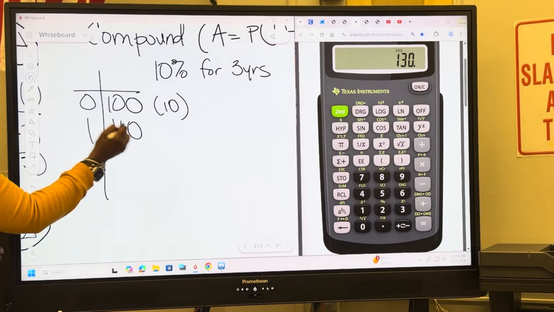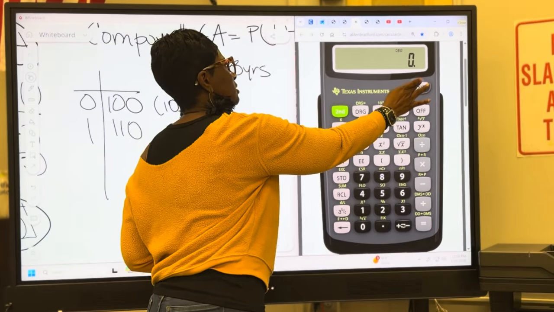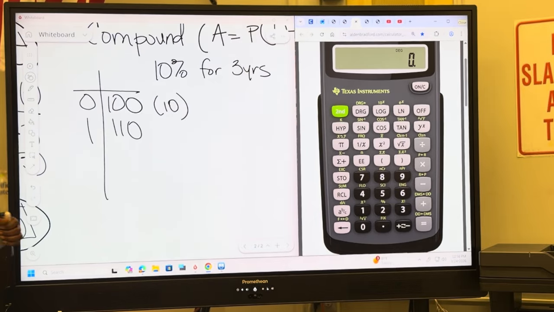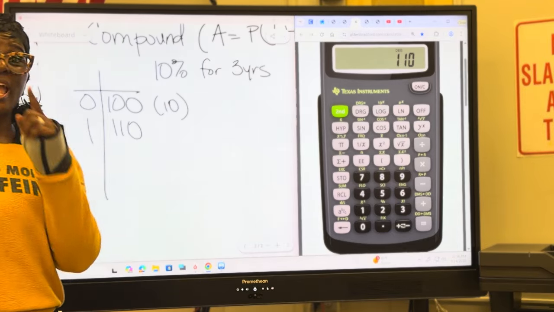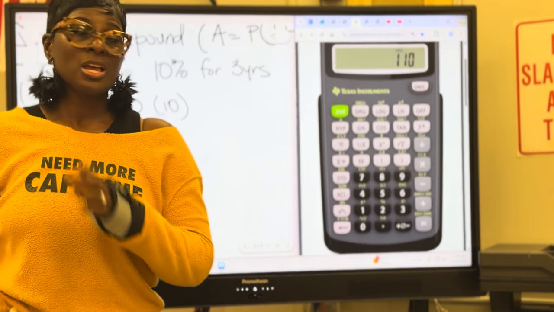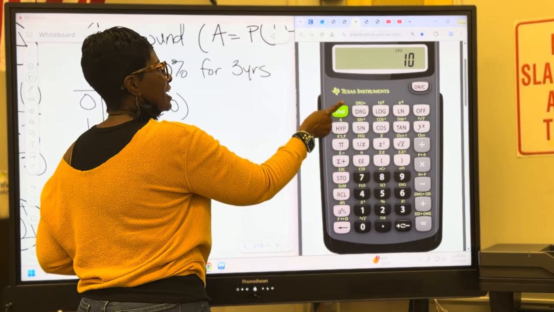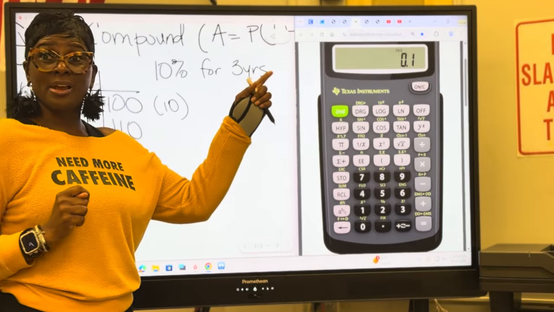So I'm here now. I'm at the end of year one. Grab your calculators. What are we gonna do? We're gonna do 110. And what percent am I charging him every year? Same. So we're gonna put times 10, and then we're gonna hit second and 2, right? 0.1.